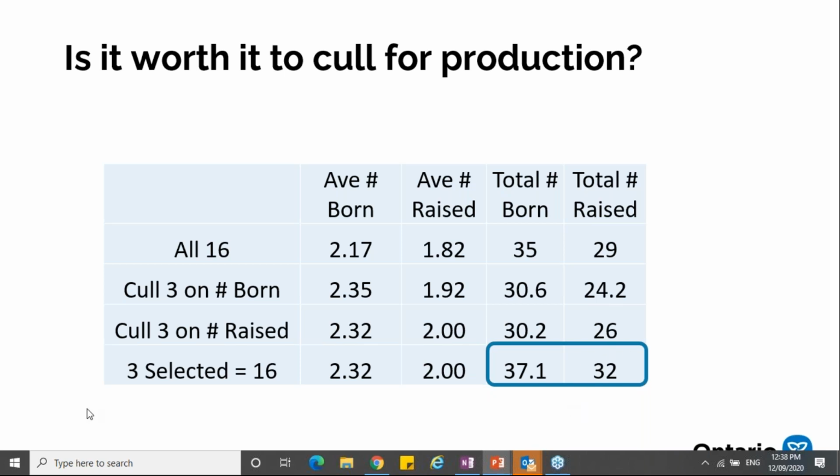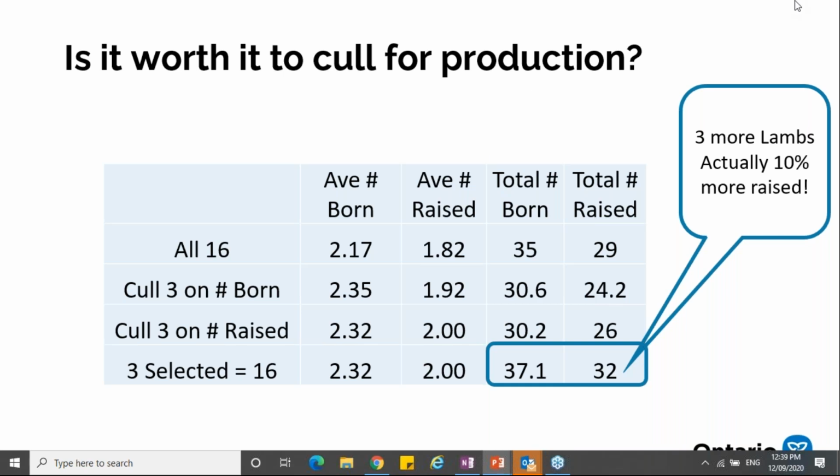What's really interesting is that even though we're only talking about three lambs, it's actually 10% more that were raised. So when you start multiplying this effect over a larger number of animals, it can have a significant impact on what you're doing, and maybe more than you think, if you're not looking closer at some of these numbers.